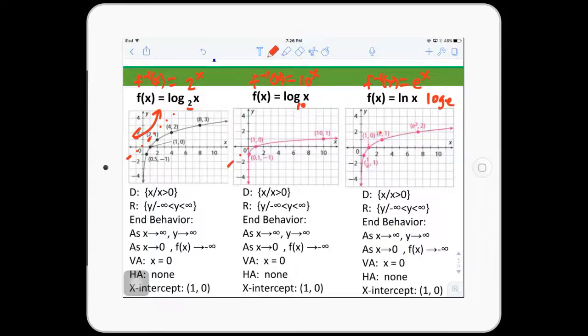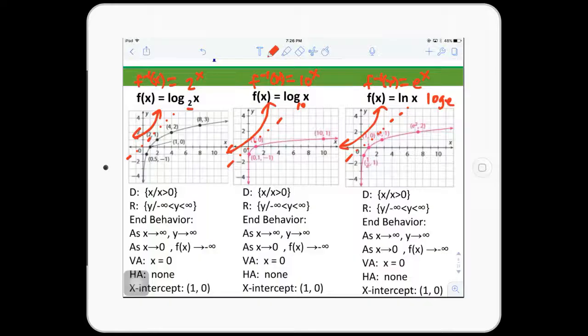The second one is 10 to the x, and it's still going to look the same way. Notice that when we graph the logarithm and exponential functions on the same set of axes, they look like they are inverses of each other. So let's take a look at the characteristics.